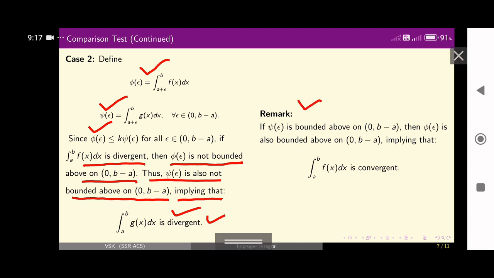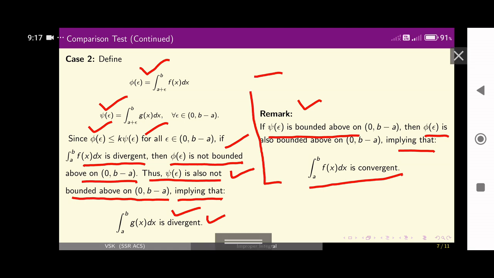Remark: suppose ψ(ε) is bounded, then φ(ε) will also be bounded because of this relation. This implies that the integral from a to b of f(x) dx is convergent, but we have assumed that it is divergent. So because of this, φ(ε) not bounded implies ψ(ε) not bounded. So we have proved this. This is the extra remark explaining why, if φ(ε) is not bounded, then ψ(ε) is also not bounded.